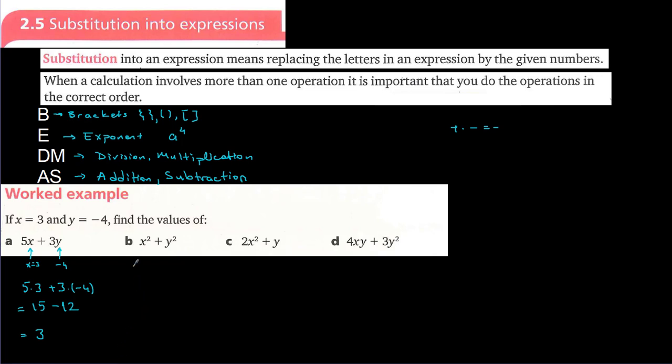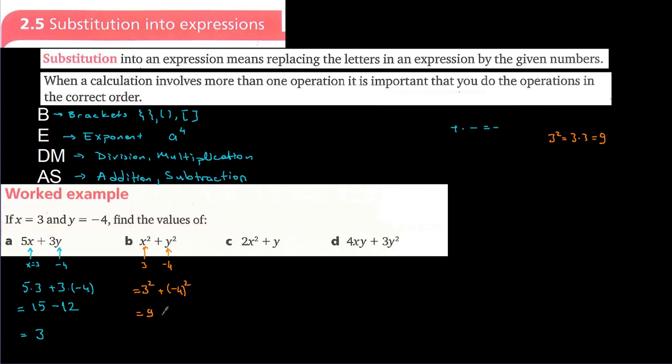Okay, if we continue with the second exercise here, I'm going to replace x by 3 again, y by -4, so it's going to be equal to 3 square plus (-4) square. And 3 square means 3 times 3, which is equal to 9, you know that one.